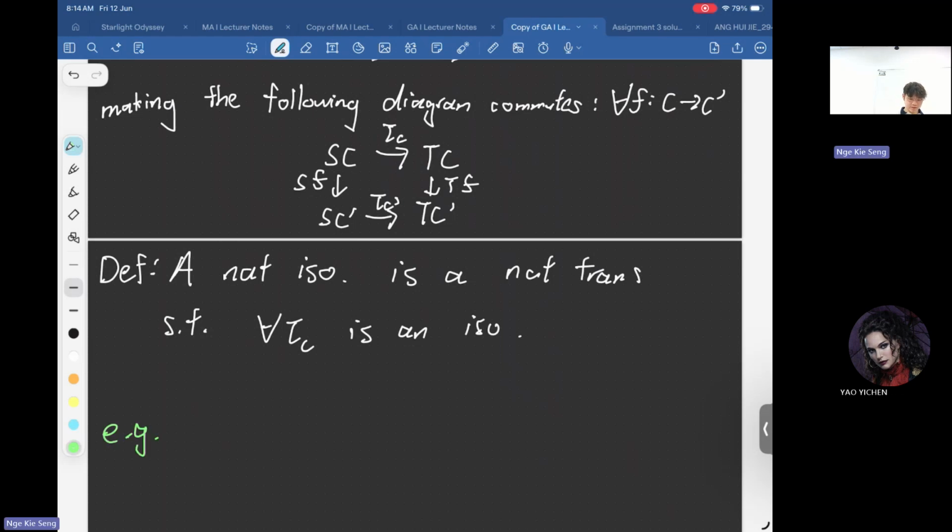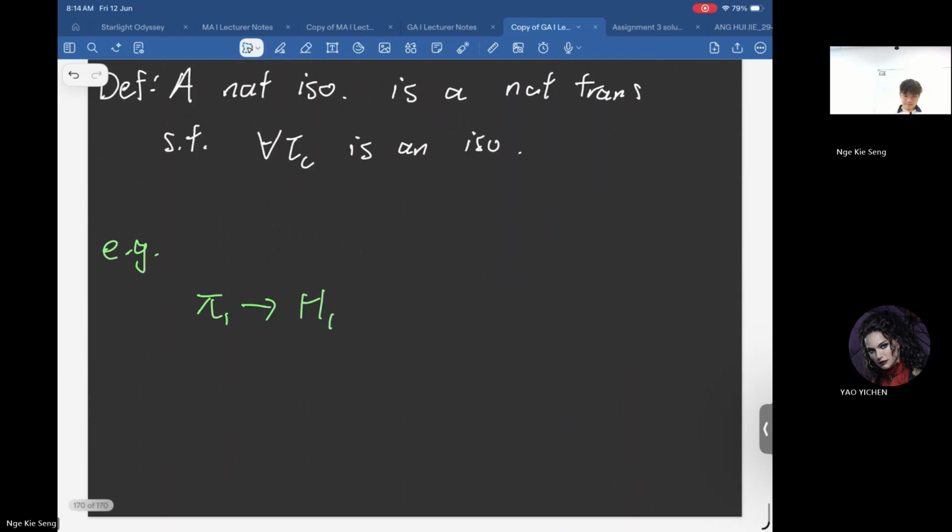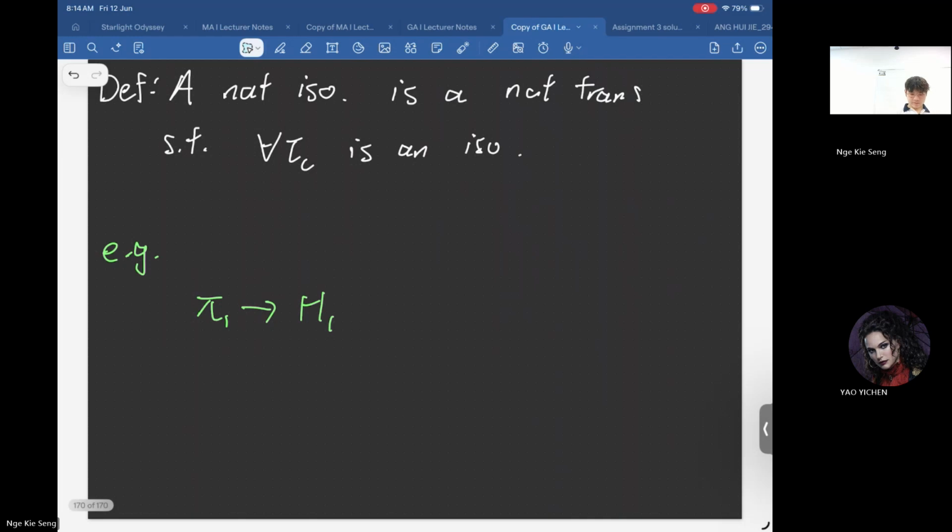Maybe one example of a natural transformation is the one from pi1 to h1. Ignore the algebraic topology. So this is an abelianization.